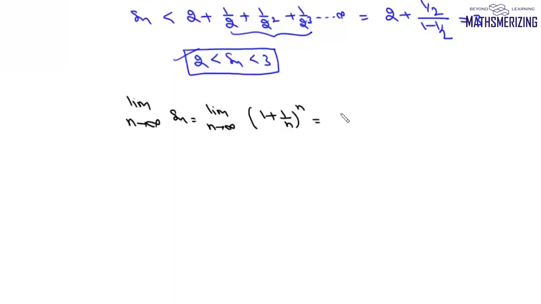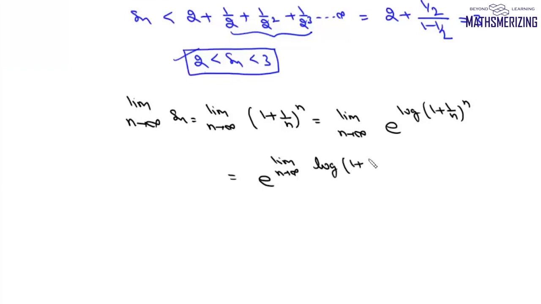Now we can write this as limit n tends to infinity of e to the power log of (1 plus 1 by n) to the power n, which we can write as e to the power of this limit n tends to infinity of log(1 plus 1 by n) upon 1 by n.